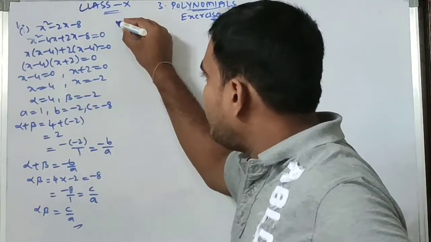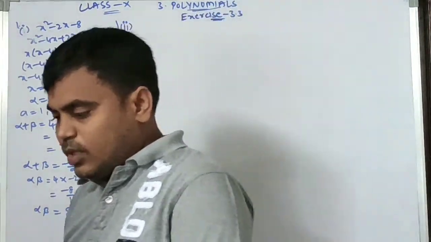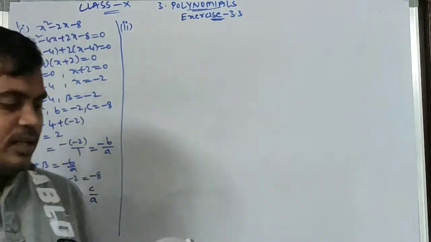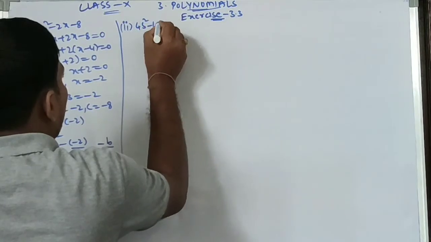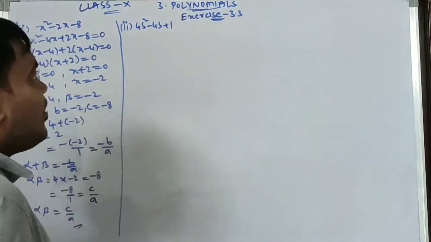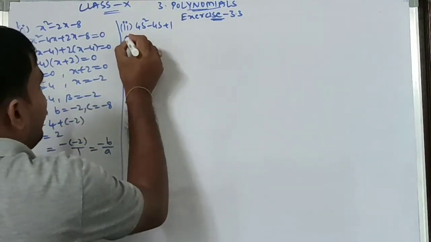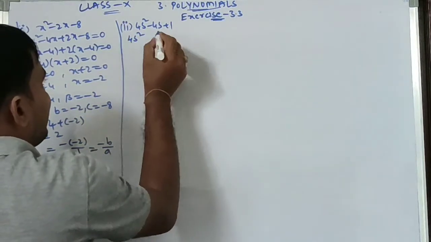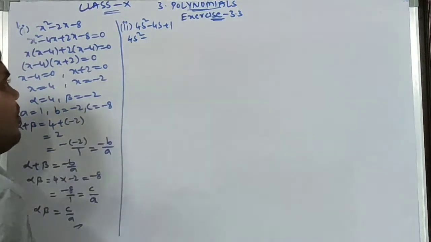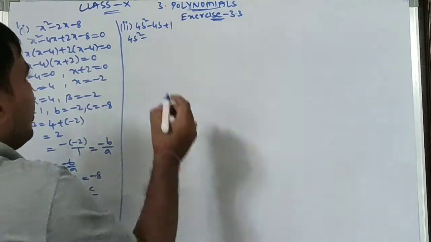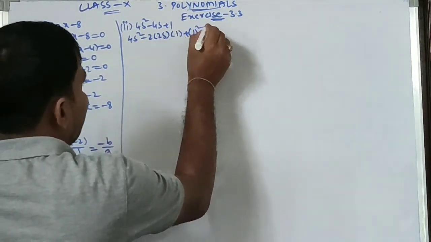Okay, next, second question. So coming to the second one, 4s square minus 4s plus 1. Here the variable is s. So I want to factorize. 4s square minus 4s plus 1 is in the formula of a minus b whole square: 2 into 2s into 1 plus 1 square.